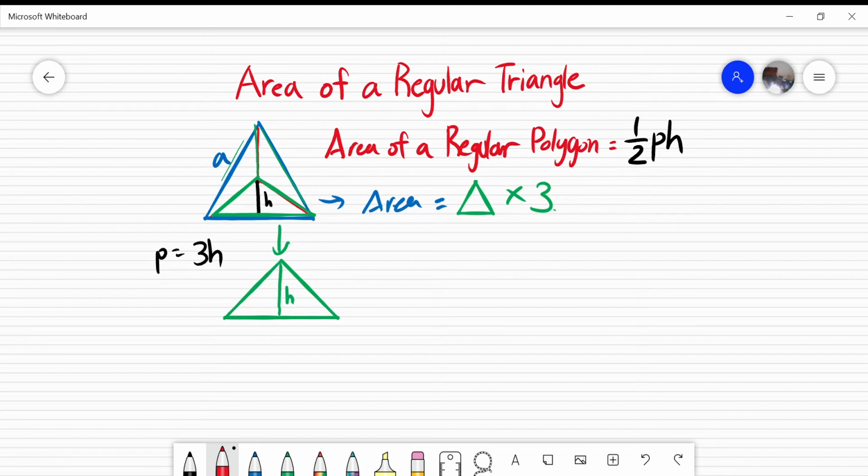So in particular, this angle has to be 60 degrees, and likewise, all these must also be 60 degrees. And we also know that the lengths must also be the same.